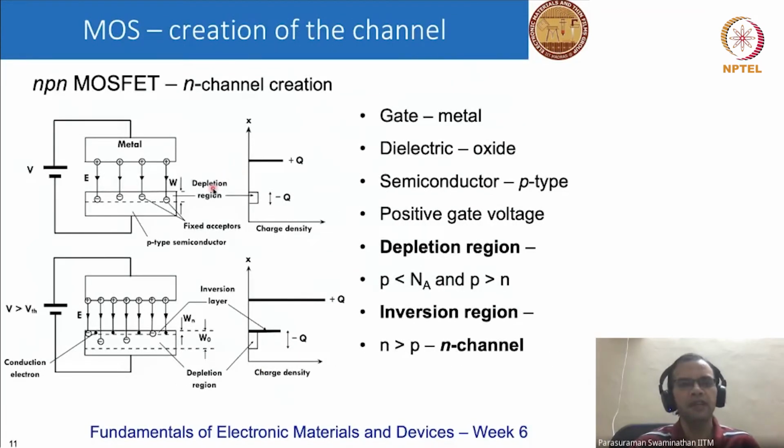We can look at how the channel is created in the MOSFET by focusing only on the metal oxide semiconductor part. We know that if I have a metal and a semiconductor, I can think of setting up a capacitor kind of system. So in this particular example, we have a p-type semiconductor and we have a metal.